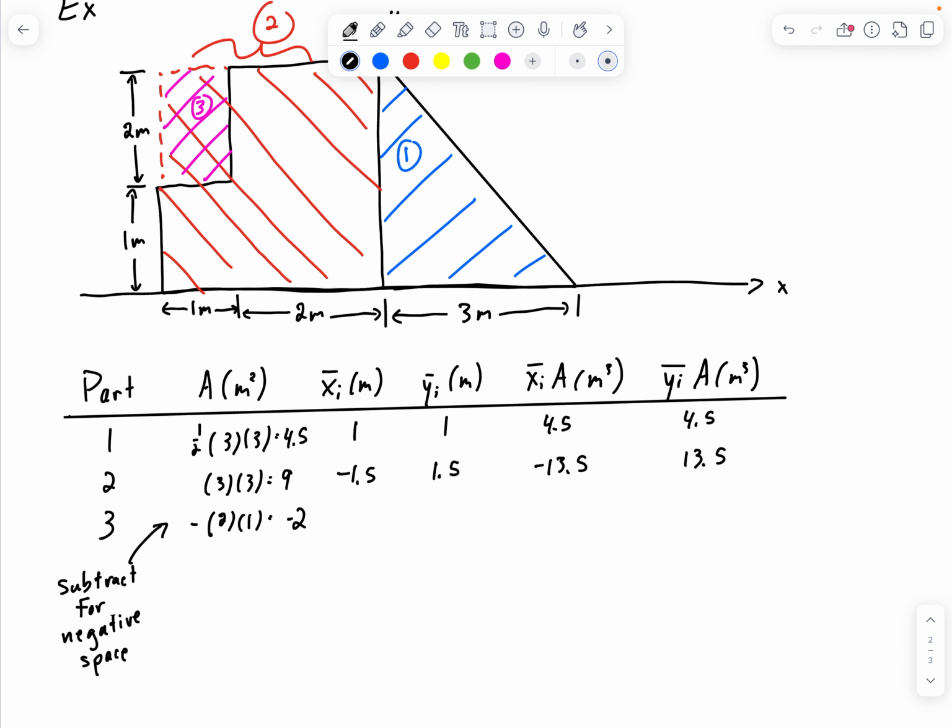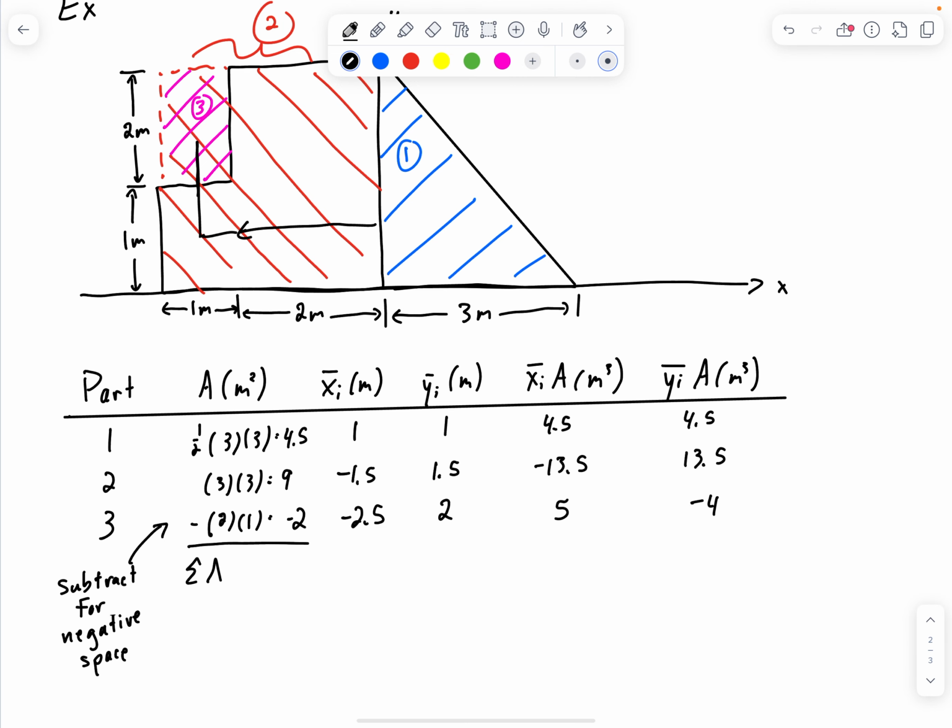The centroid of this is -2.5 in the x direction. It's 2 in this direction, and then since it's a rectangle, it's the center, so it's 2.5 here. In the y direction, the centroid is 2. It's not really drawn to scale. So multiplying this out, we have -2 times -2.5, we get 5, and then we have -2 times 2, which gives us -4 here.